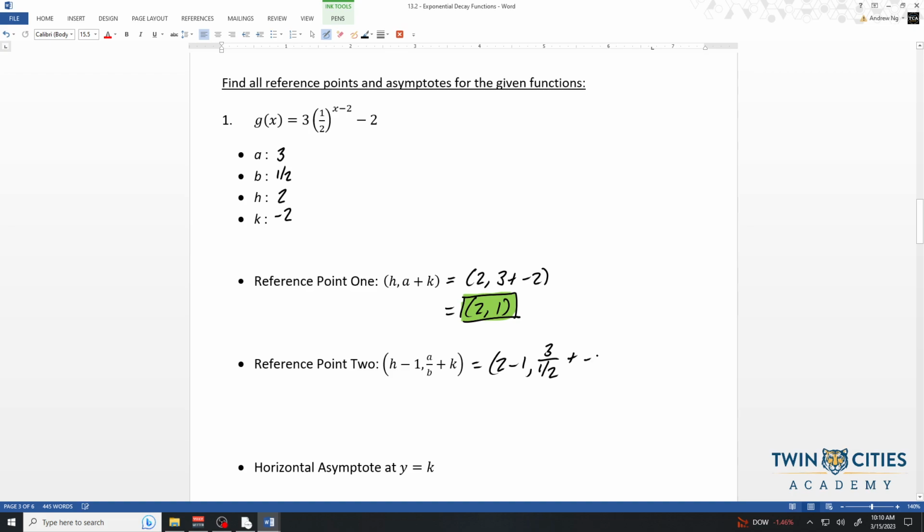All right, 2 minus 1 will be 1, comma, 3 divided by 1/2. So that's the same as saying 3 times 2. That's going to be 6, and then plus a negative 2, that will be 4.